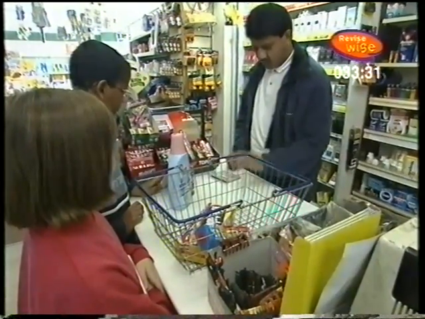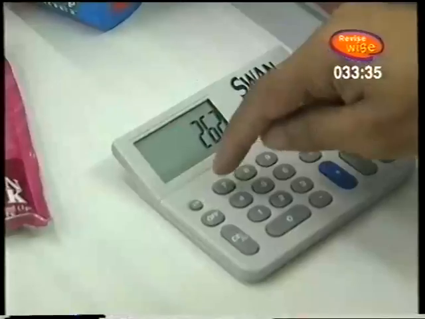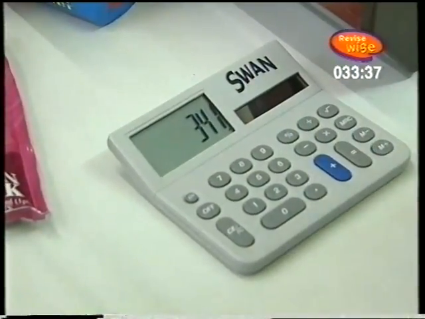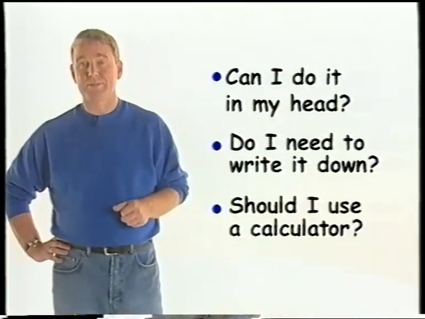Another way to add up lots of things is to use a calculator. That's 341 please. Now, when you're faced with some numbers you want to add up, it's useful to think first, can I do it in my head? Do I need to write it down? Or should I use a calculator?